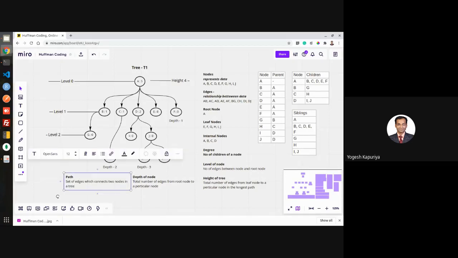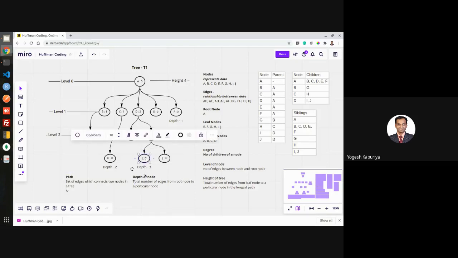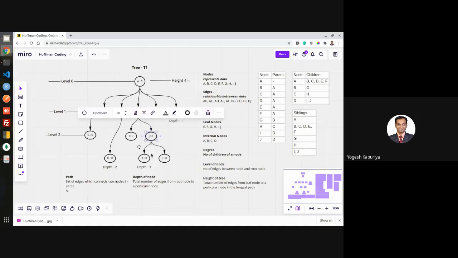Okay. So for example, there is a path between A and let us say this is A, this is L. Due to this, the degree will change to 2.